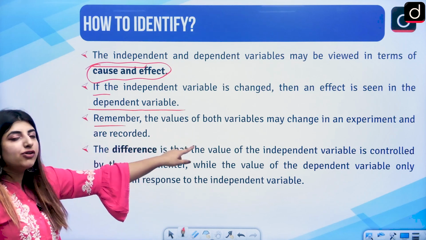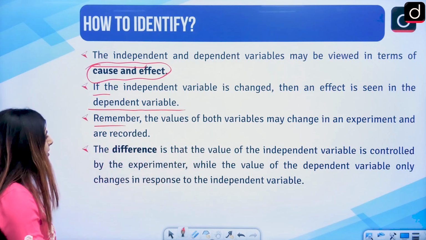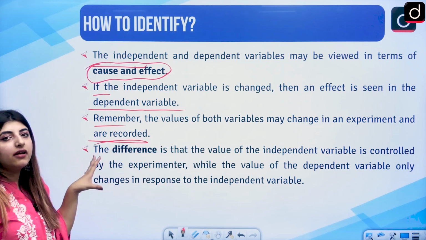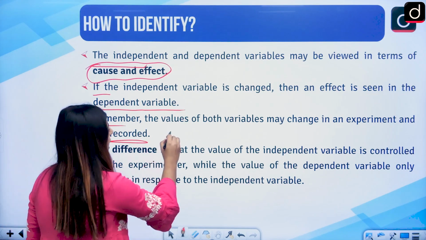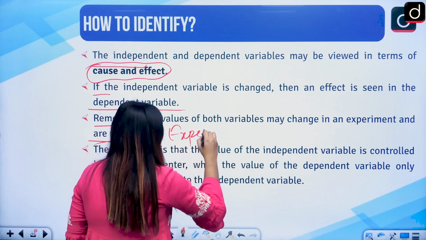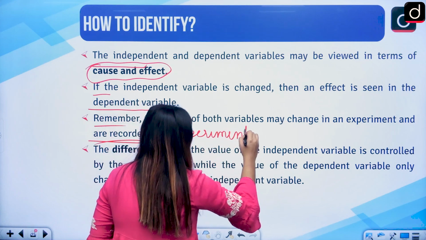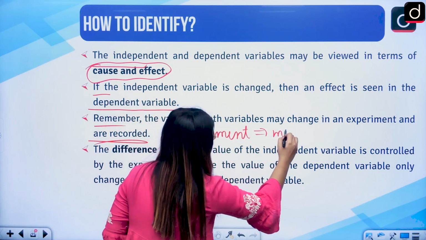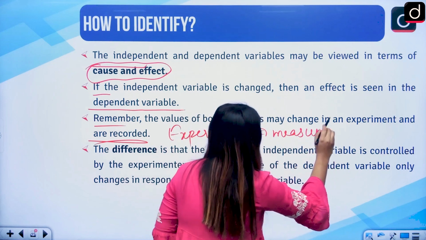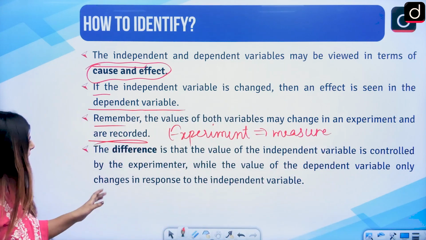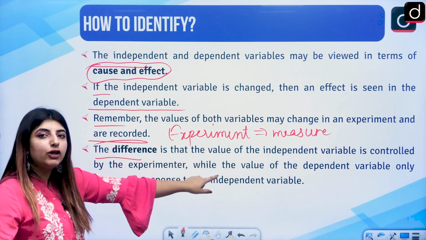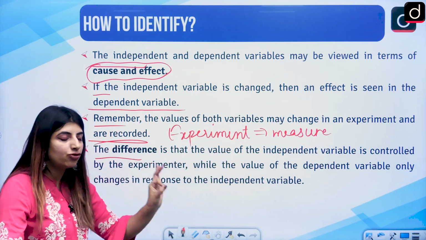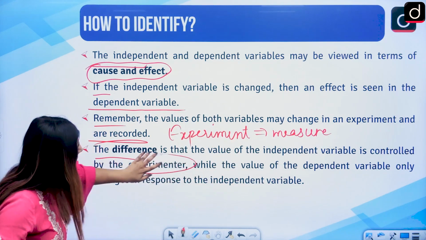Remember, the values of both the variables may change in an experiment and they are recorded. So, if an experiment is being conducted, you are supposed to measure these variables to see which one works the best basically. The difference is that the value of the independent variable is controlled by the experimenter.